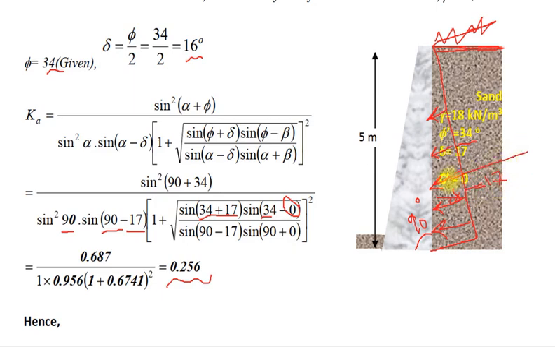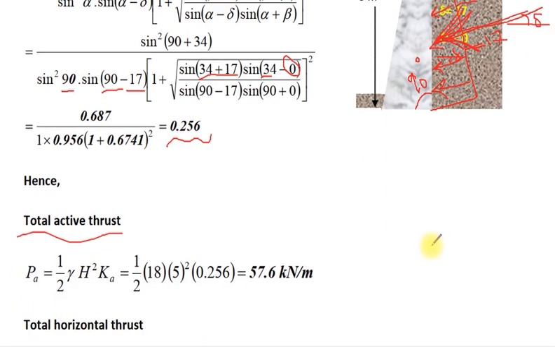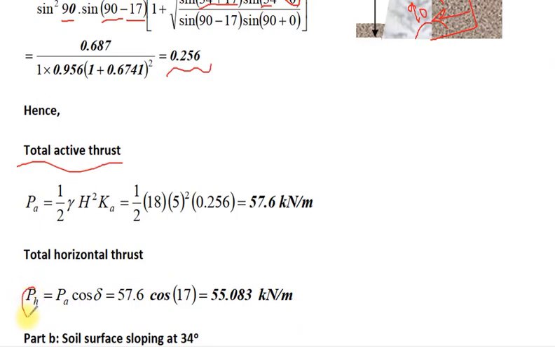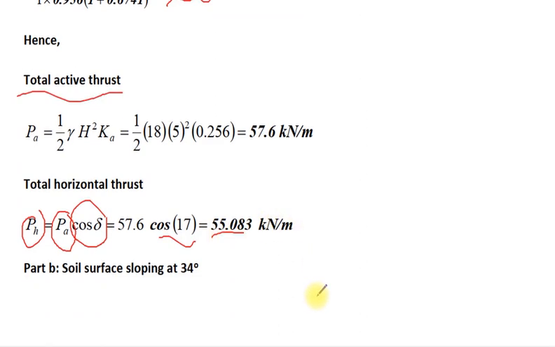Therefore, the thrust, the total resultant force, will be inclined by delta. When we want to compute the horizontal force, we have to multiply P active by cosine delta. 57.6 multiplied by cosine 17 leads to the following result: 55 kilonewton per meter.